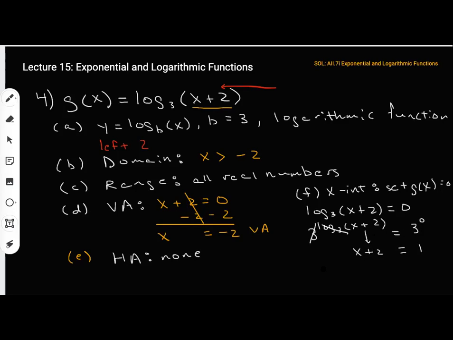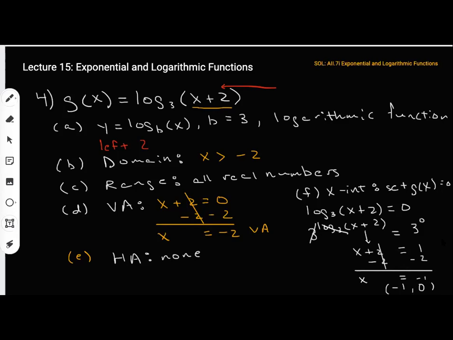We can subtract 2 from both sides. So let's do that. We get x is equal to 1 minus 2, which is -1. So -1 comma 0. That's where it crosses the x-axis.